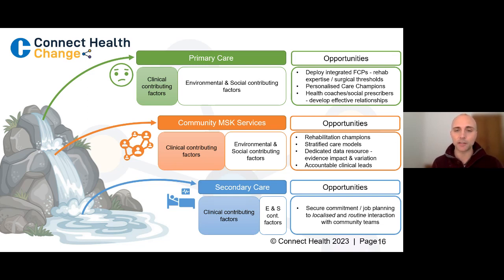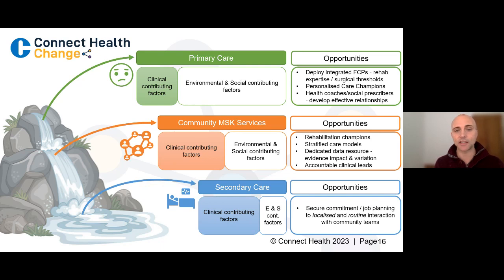So we know that the expansion of ARRS roles has allowed primary care to explore health coaching roles and social prescribing roles, but we know it's very variable in terms of how they're delivered across primary care. So where we are right now, I think our MSK clinicians sitting in primary care need to be given the space to develop really strong relationships with health coaches and social prescribers where they exist.